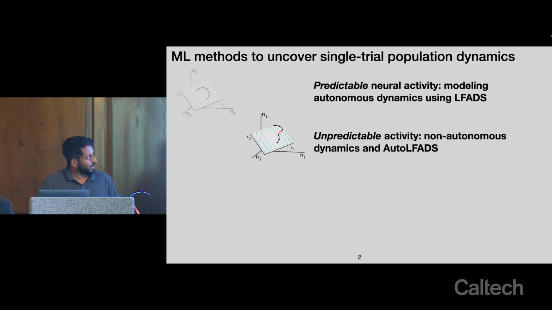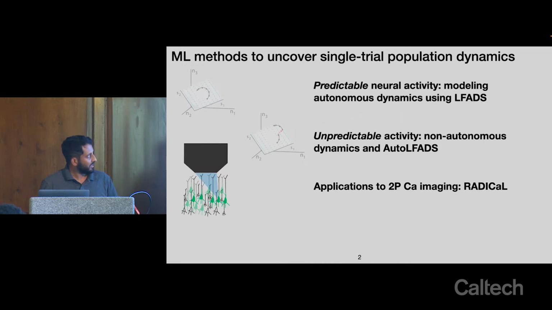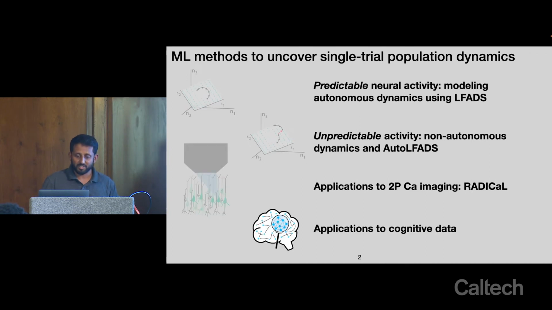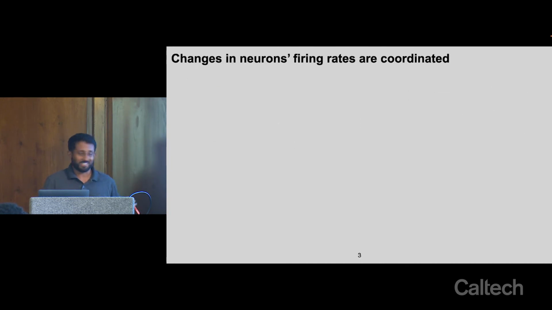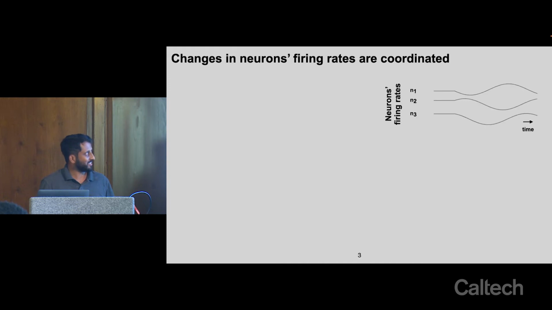I'll tell you a little bit about when activity is unpredictable, so when we break away from this autonomous dynamics assumption. And if we have time, I'll tell you a little bit about applications to 2-photon calcium imaging data. And I'm sure we won't have time for me to get to applications to cognitive data.